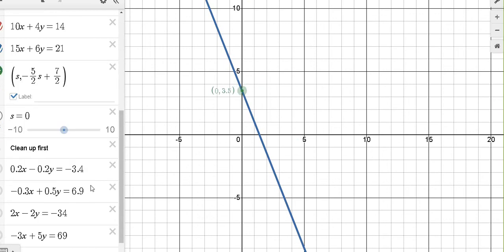Nice. Now, one last little thing to take care of for systems of equations of this form.